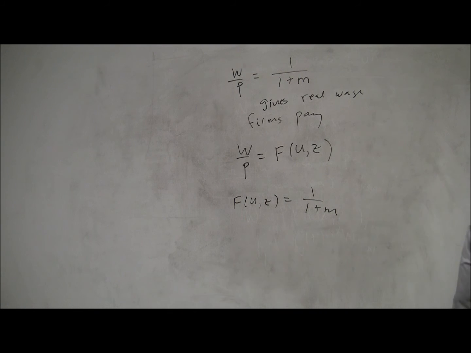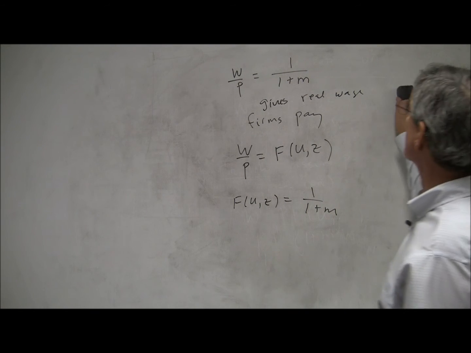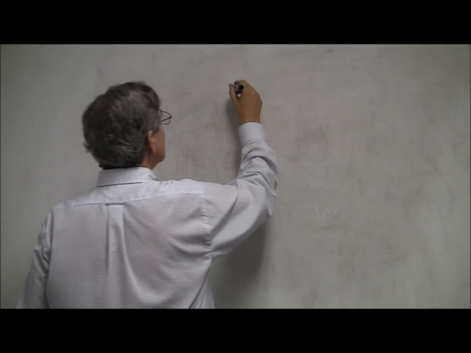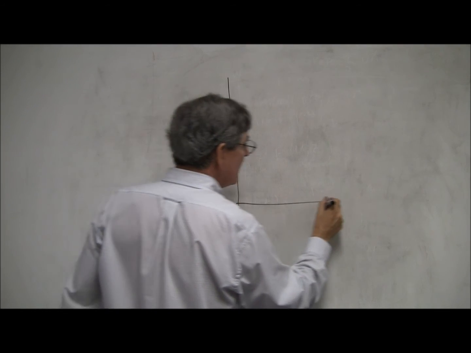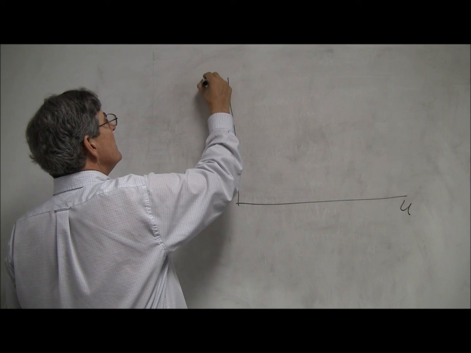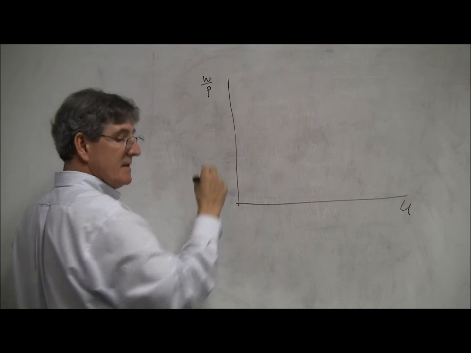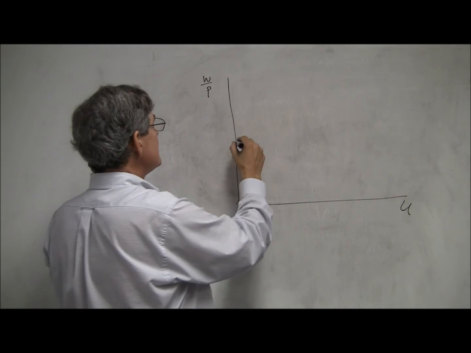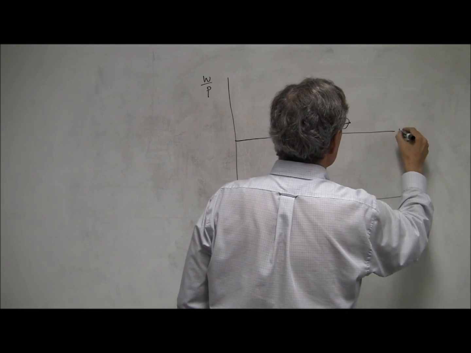We can also do it graphically. We want to find the unemployment rate. We're going to put W over P on this axis. This is the price setting equation, PS.